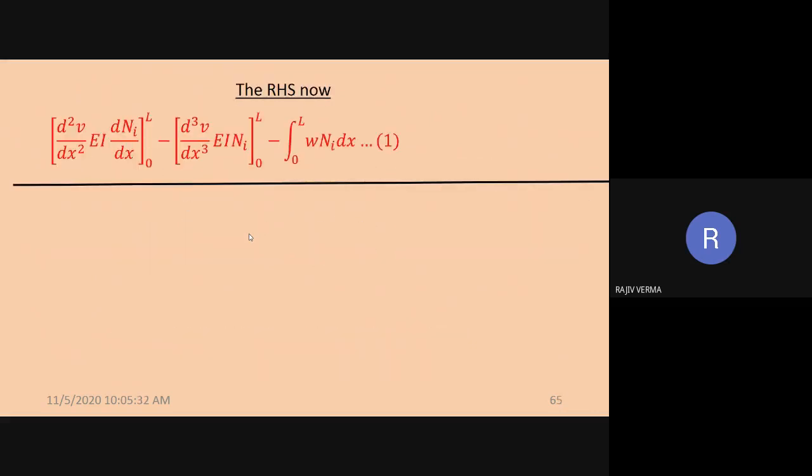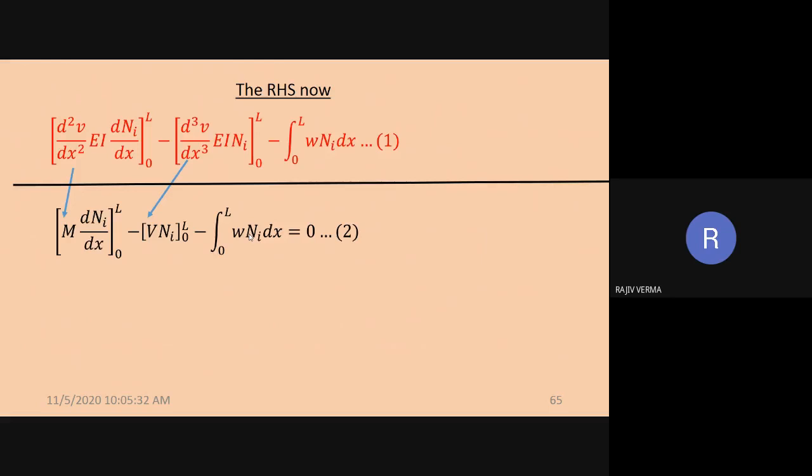Now coming to the right hand side, what should be noticed is that the term d square v dx square into EI, this basically is the moment, and the term d cube v dx cube into EI, this basically is the shear force.